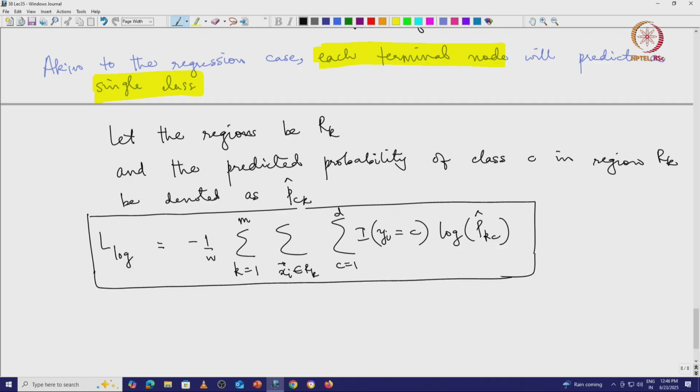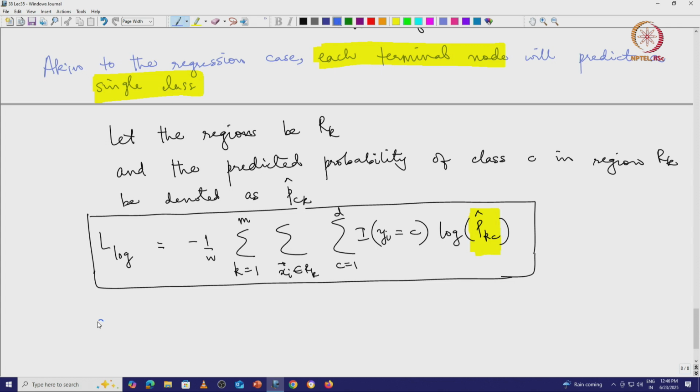Okay. Now, if you recall in regression, that is all we had to do, we wrote the loss function and then we could minimize it to find the optimal value of the ck hats. However, there is one more thing which should be considered here, and that is that all these probabilities typically need to sum to 1.